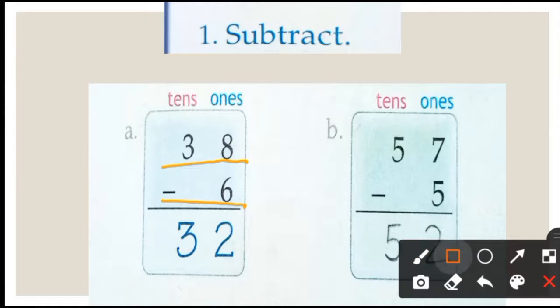First of all, ones: 8 minus 6. In the ones part we have 8 minus 6. Now in the tens part, students, in this question we have a single digit in tens. Now we will start our question. First of all, our digits are 8 minus 6.